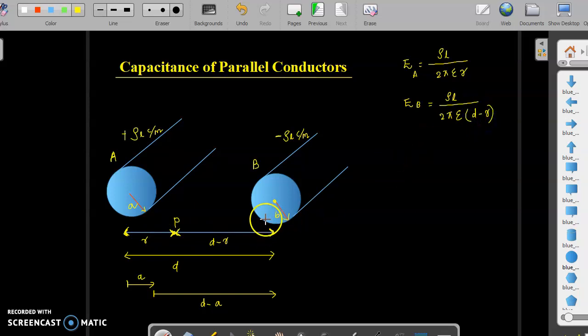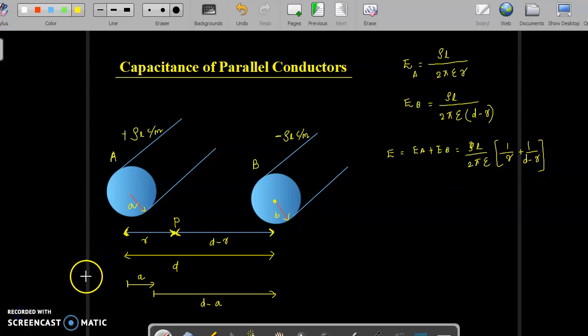Now the total electric field at point P is EA plus EB. So here we can take out rho over 2 pi epsilon, and within the bracket 1 by r plus 1 by d minus r.